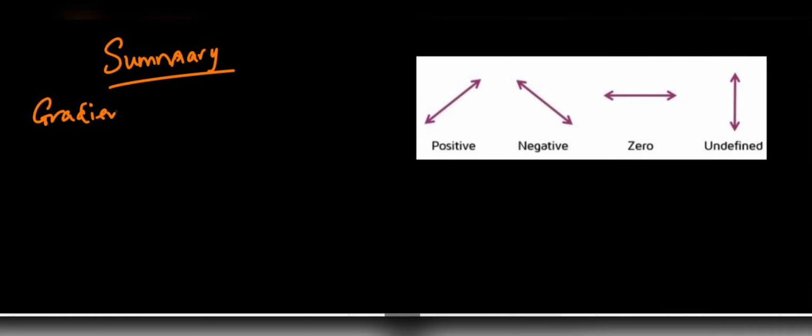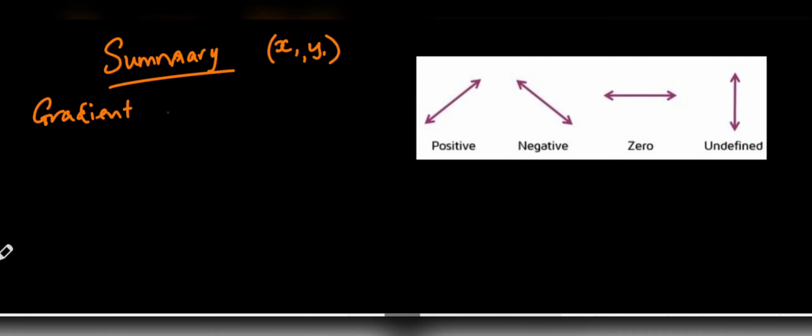So let's look at a short summary of what we are going to look at. And the summary is that we found that gradient can be taken from any graph, of course. Now, just to remind yourself, a coordinate is written as x1, comma y1, or x, y, the x value followed by the y.